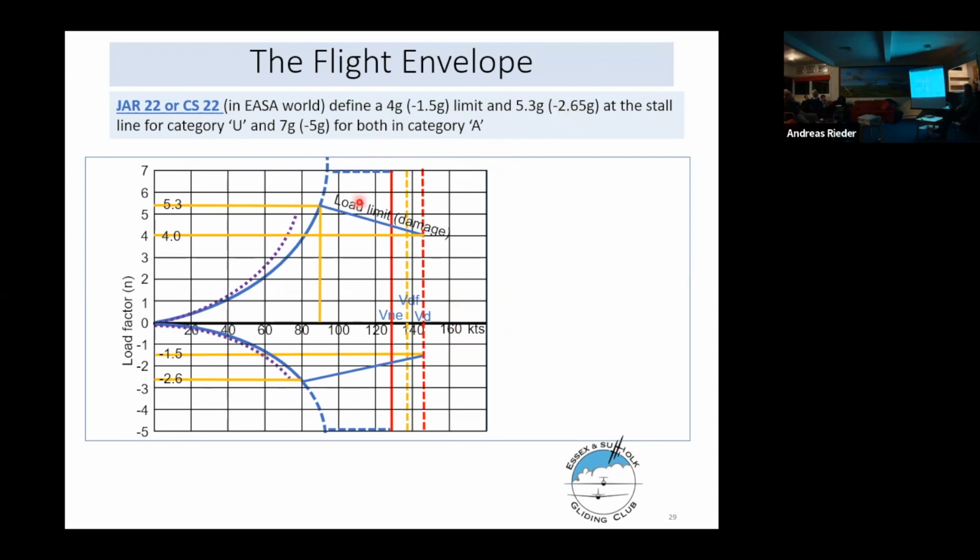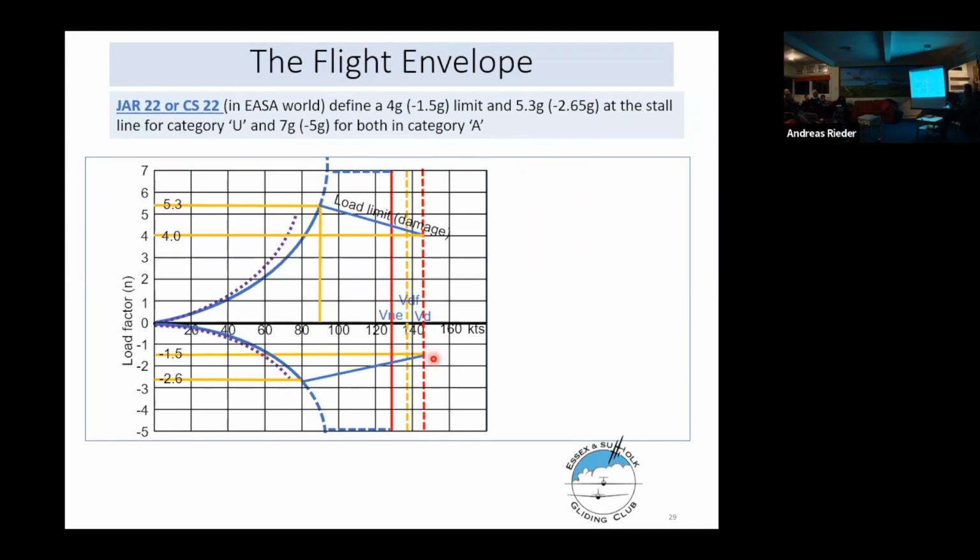For the aerobatic category, the limits are +7 up here and -5 down here. But for the utility category, which is most non-aerobatic gliders, it's +5.3 and +4, -2.65 and -1.5.